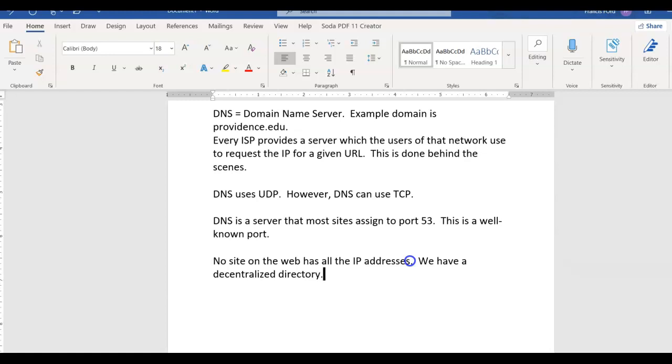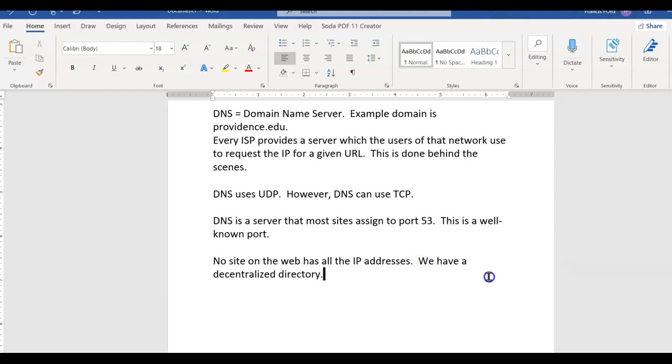You couldn't have it any other way. You have a few million, might be getting close to 1 billion websites with IP addresses. You don't want them all in one place. And even if you did have them all in one place and have them duplicated in a few places, the amount of space would be horrible.